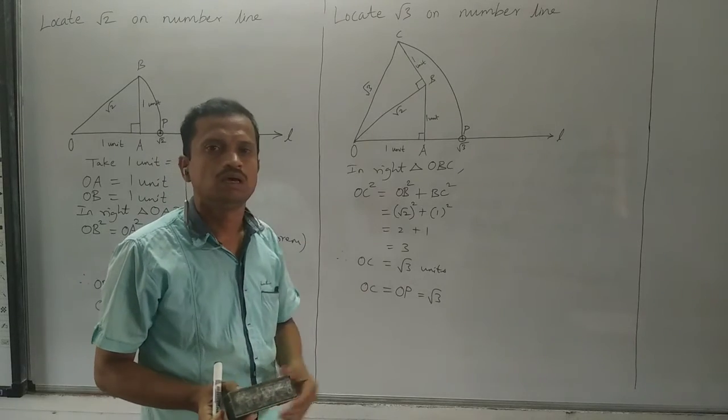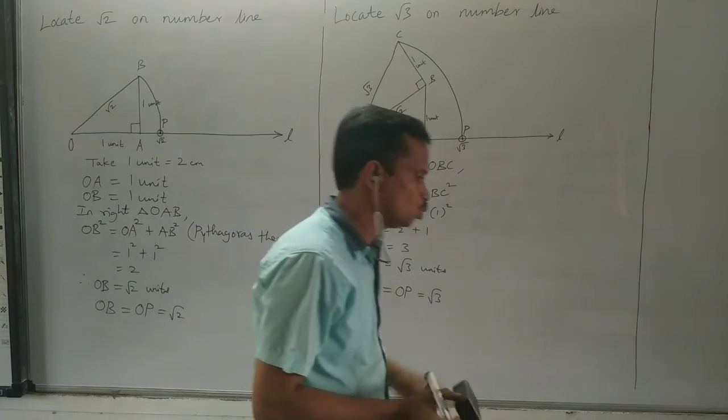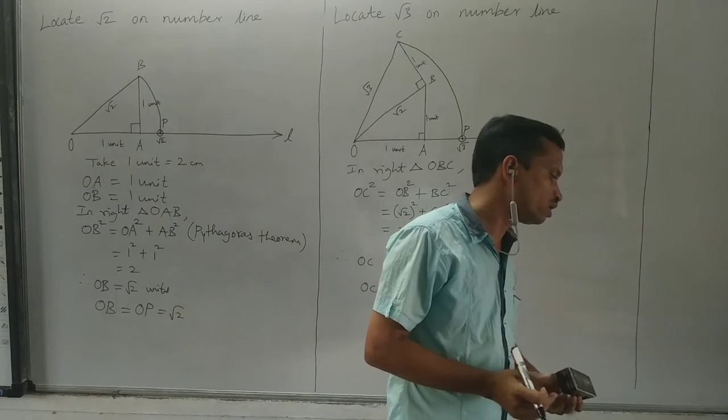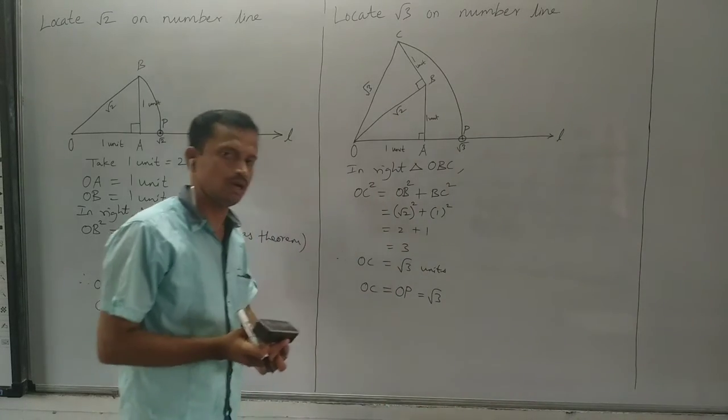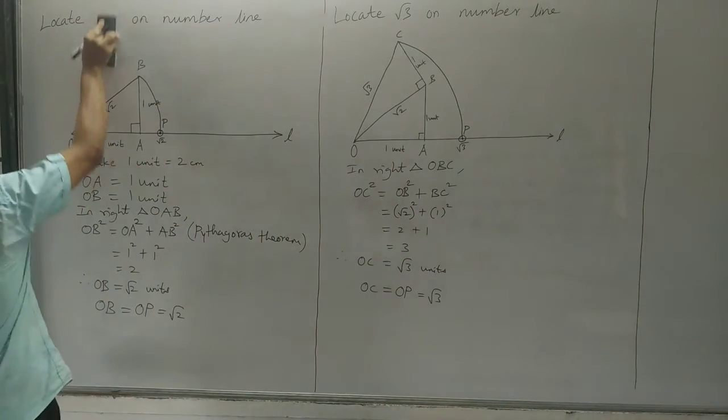And now, in the exercise, root 5 is there. So how can root 5 be represented on the number line?